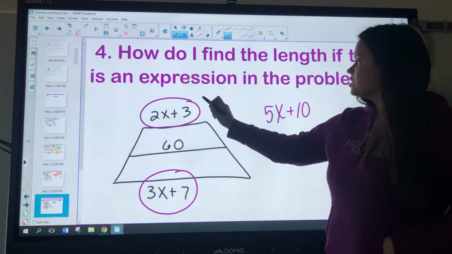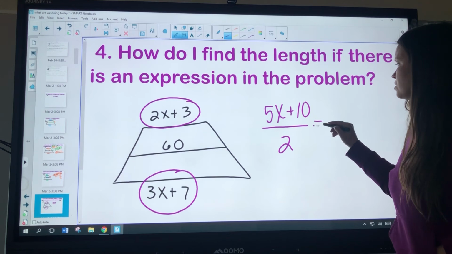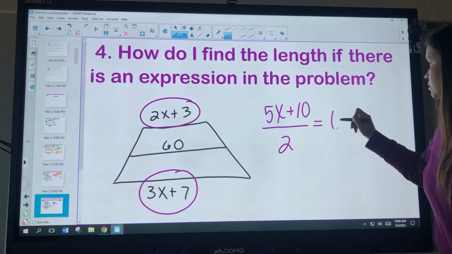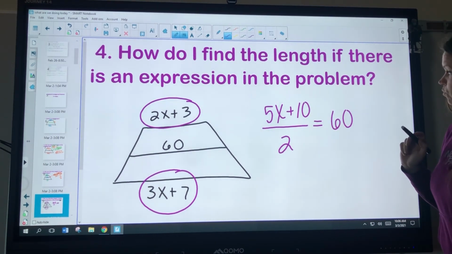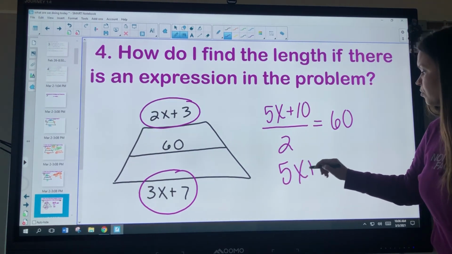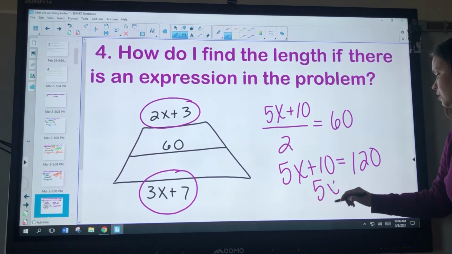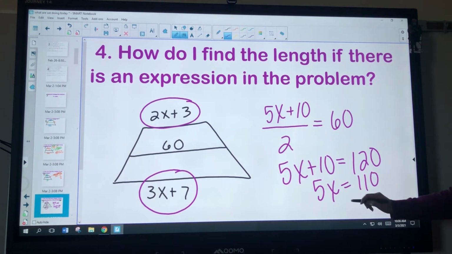So you know if this plus this divided by 2 is supposed to equal 60, you would times both sides by 2, so you know that 5x plus 10 should equal 120. And then you minus the 10, and you get 110, and then you divide by 5.